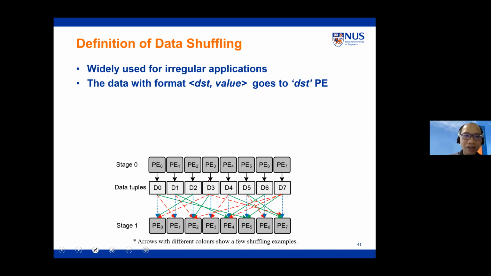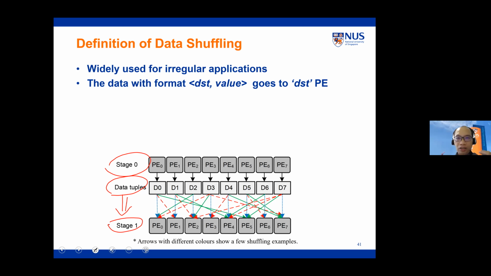At the end of the day, you can see here that stage 0 is basically the producer. We have so many tuples to be sent to stage 1. This is the consumer. So basically we have 8 PEs as producers and 8 PEs as consumers.